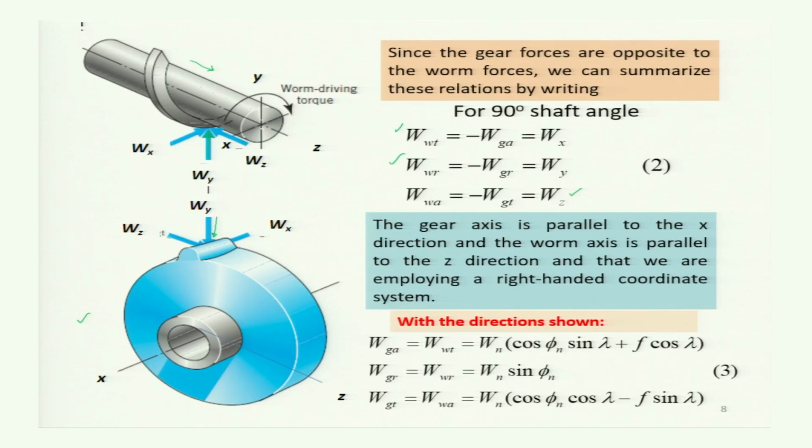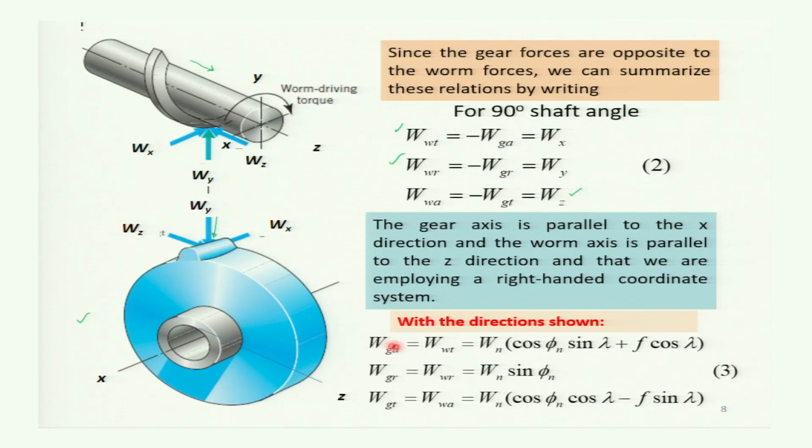Let me take the laser. The gear should move in this way. That means the rotation will be clockwise from this to this, and it is a driven element, and so the tangential force will act in the direction of its rotation.